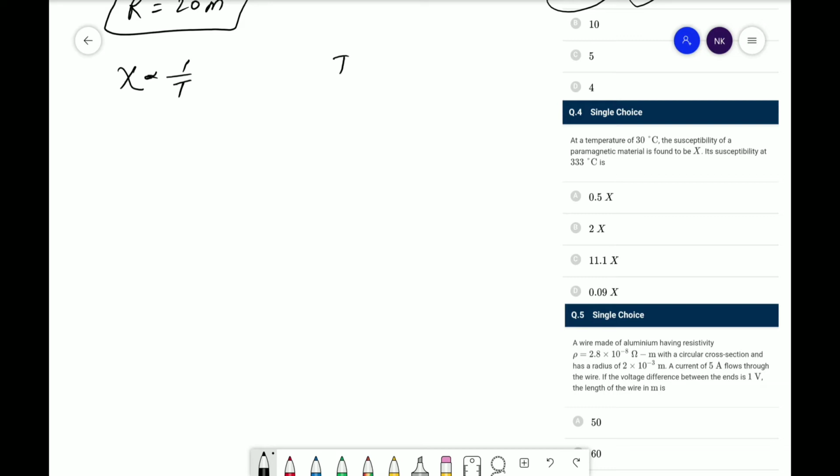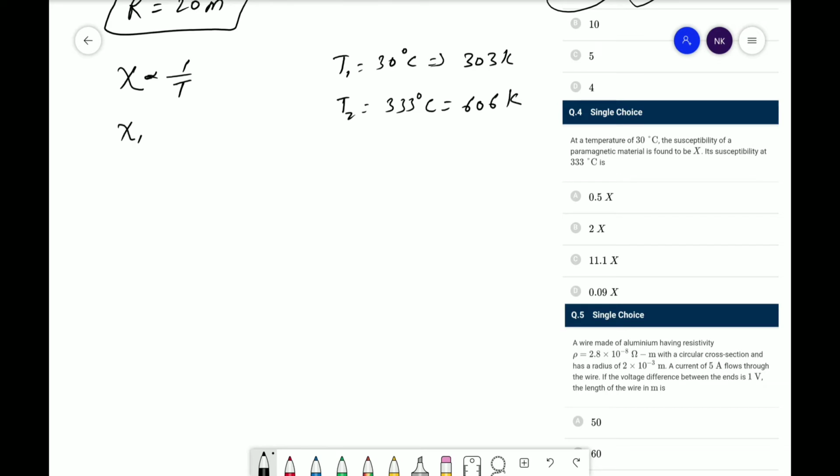Therefore temperature T1 is equal to 30 degrees Celsius, which will be equal to 30 plus 273, which will be equal to 303 Kelvin. T2 is nothing but 333 degrees Celsius, will be equal to 606 Kelvin.